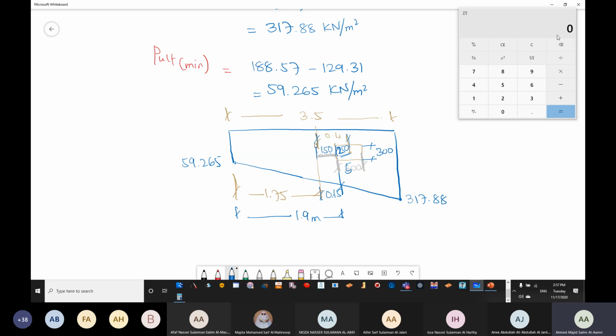So if this is 1.9, can you tell me how much is this?